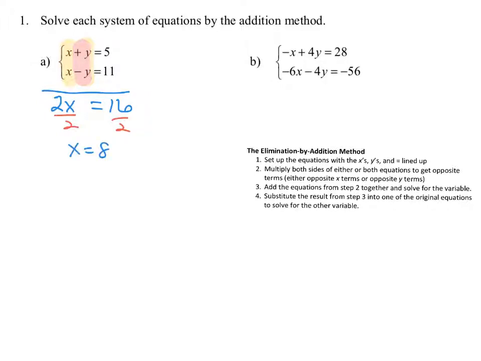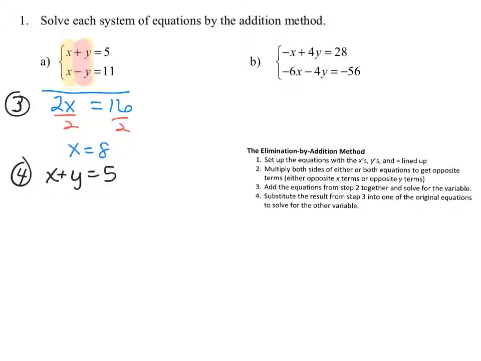Now we are ready to go to step number 4. In step number 4, we substitute the result from step 3 into one of the original equations to solve for the other variable. So again, step 1 and 2 were already done. This was step number 3. And now step number 4, we take one of the original equations. Let's start with the first one, x plus y is equal to 5.